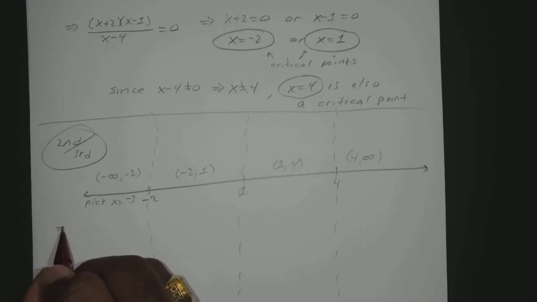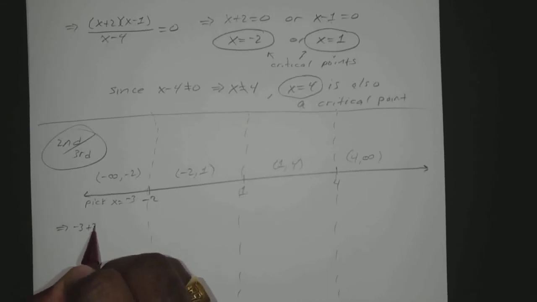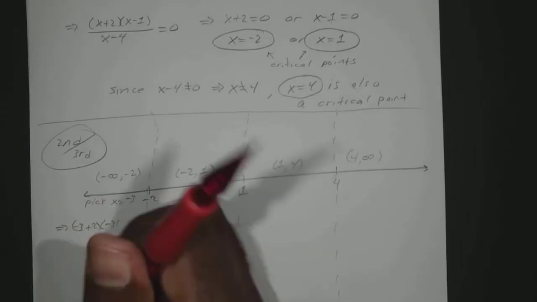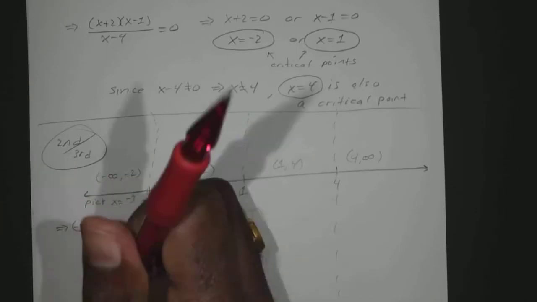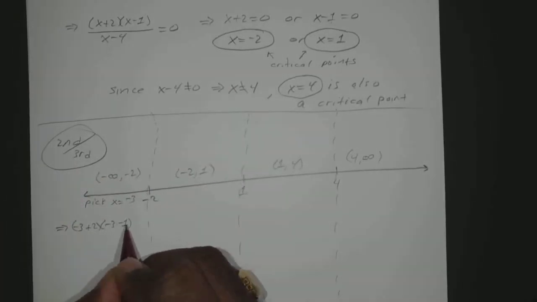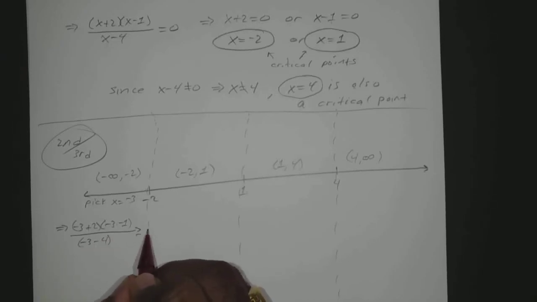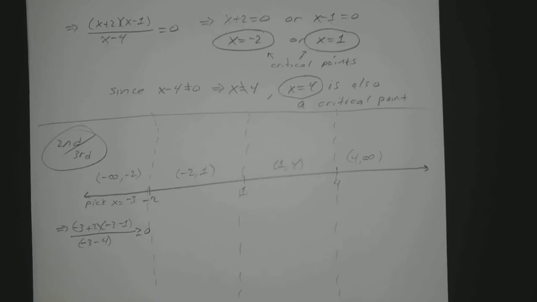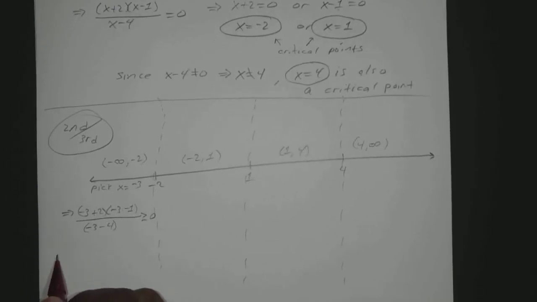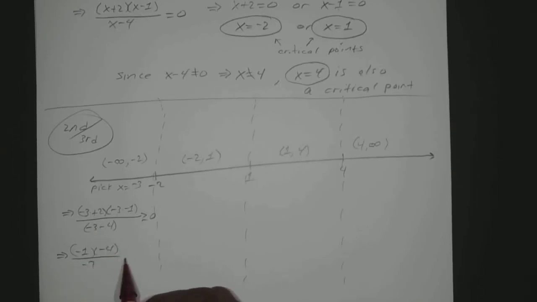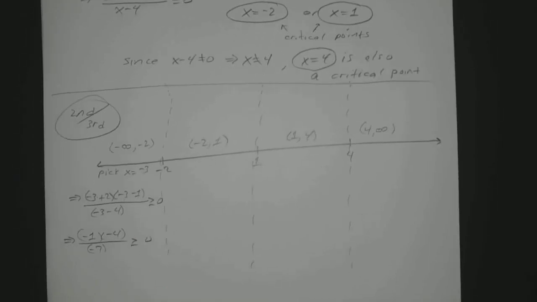Okay, so that gives us negative 3 plus 2 times negative 3 minus 1 all over negative 3 minus 4 is greater than or equal to 0. Okay, so that gives us negative 3 plus 2 is negative 1 times negative 4 all over negative 7 is greater than or equal to 0.